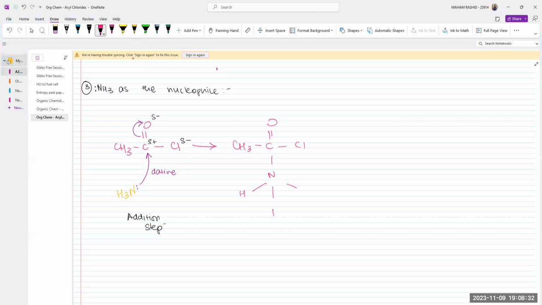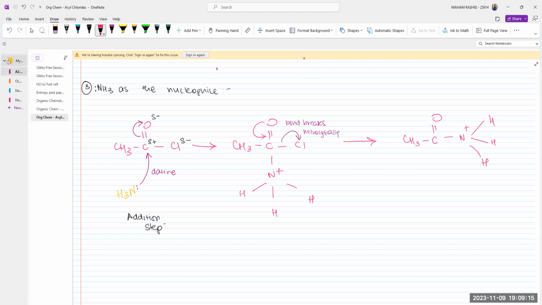the molecule attaches. Okay, and then these electrons come back, right? And this bond breaks heterolytically because chlorine needs to break off, right? Yes. So the bond breaks heterolytically, and what you get is this with your N that has 3 hydrogens, okay?